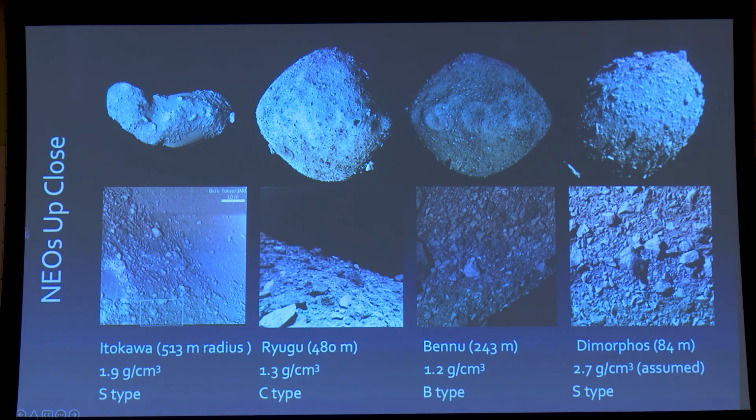So here are some nice images of the NEOs that have been visited: Itokawa, Ryugu, Bennu, and then more recently, Dimorphos with the DART mission, showing their low densities, although this one is assumed to be the same as Didymos. And you can see their spectral class, rocky inner solar system material for these two, and then more outer solar system material here.